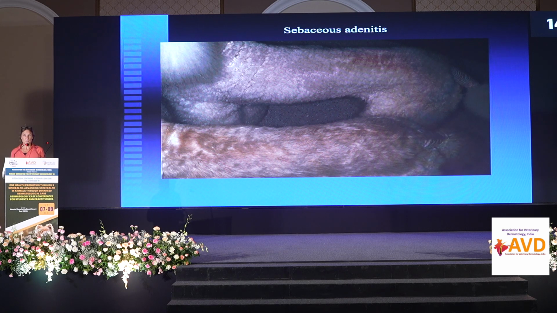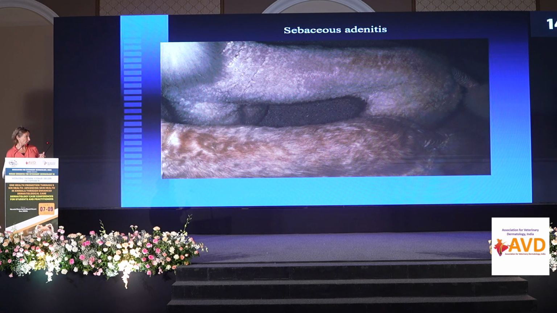And as a consequence, you have changes in sebum production, changes in keratinization, and changes in structure and color of the hair in some breeds. So sebaceous adenitis you'll see in poodles as well as other breeds, but in poodles, it will change many times the structure of the hair.